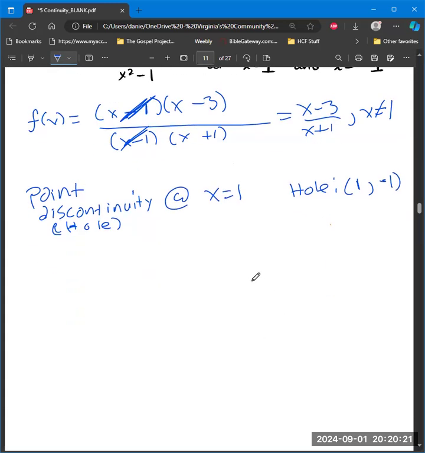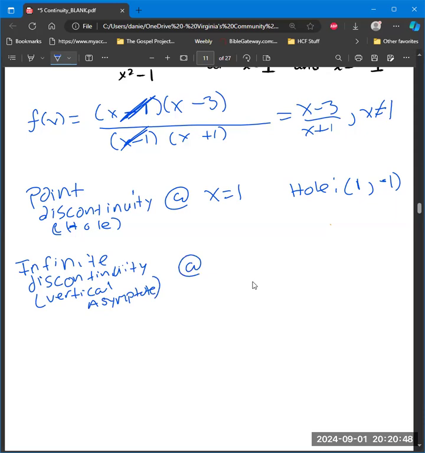So you should be able to actually identify that and make it a part of your graph. There's an infinite discontinuity, specifically a vertical asymptote at the equation x equals -1.